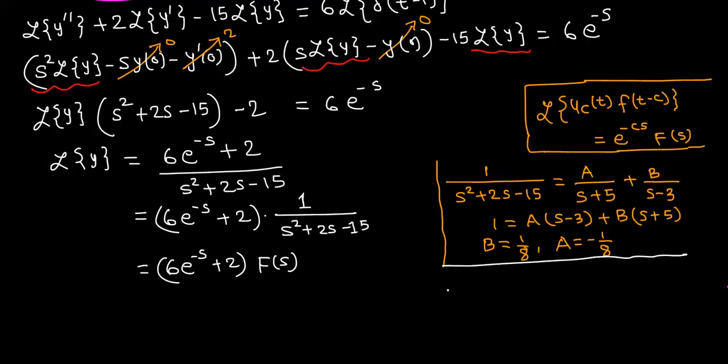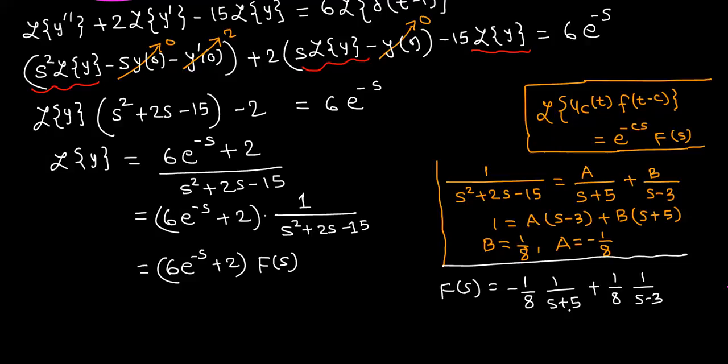So F(s) is in fact this fraction, and when we write it as a sum of two simpler fractions, we get negative 1/8 times 1 over (s + 5), plus 1/8 times 1 over (s - 3).